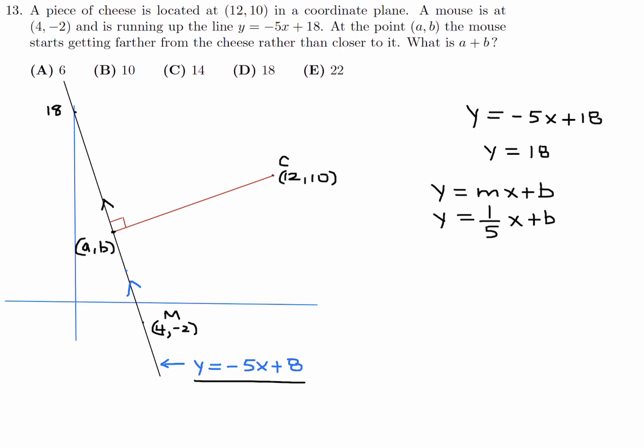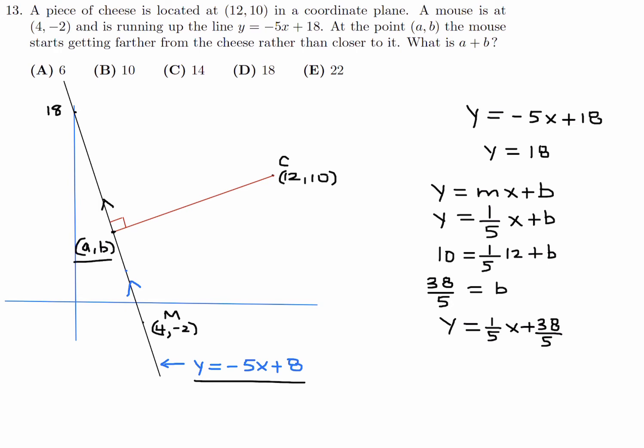Now b, of course, I have to figure out, and I can do that by substituting that point. So y is 10, x is 12, so that looks like b is equal to 38 over 5. So there we go. We just got the equation of that line: y equals 1/5 x plus 38 over 5.